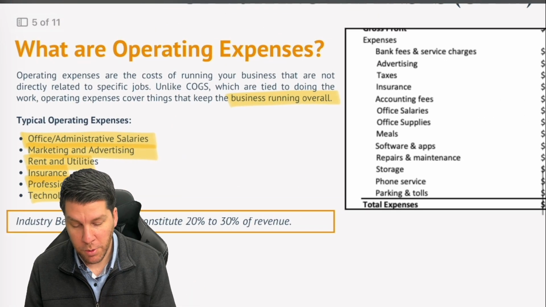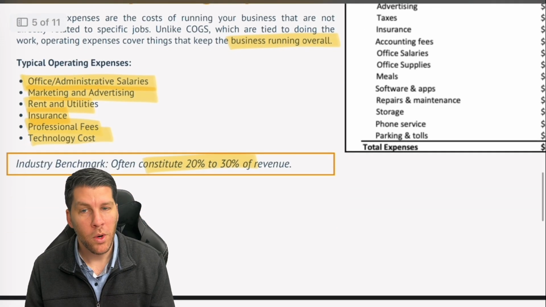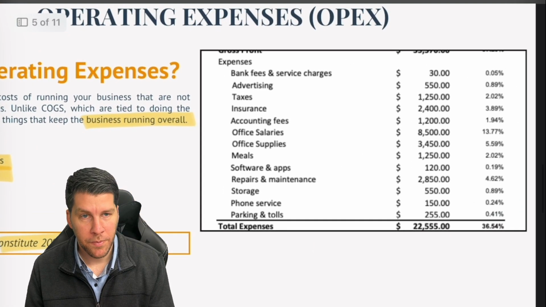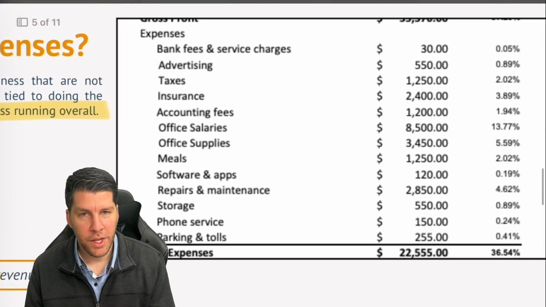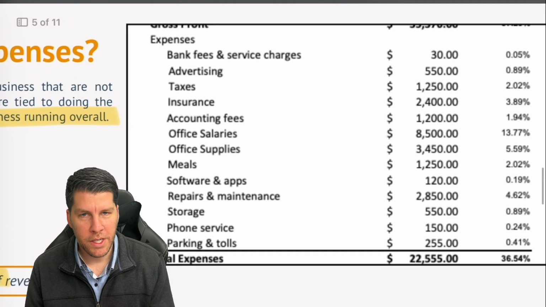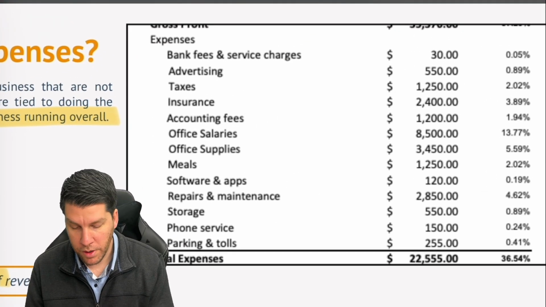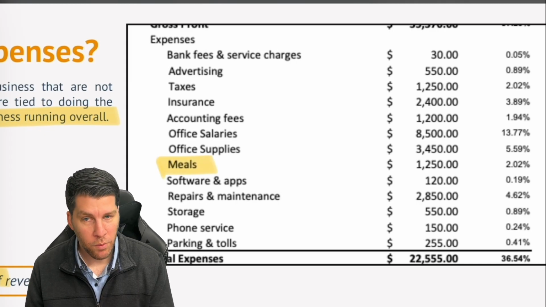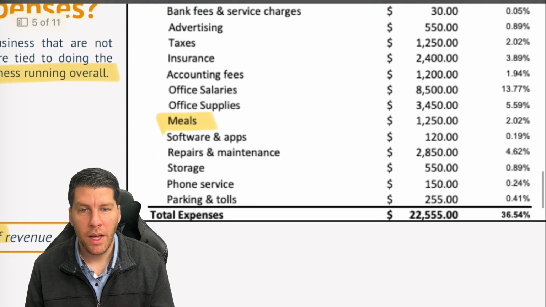So an industry benchmark for service businesses is around 20 to 30% of your revenue going to your operating expenses. So if we look at this one here, again, all the very similar expenses that we had just talked about. Also your meals are in here if they're not actually work or travel meals, and mileage can be in here as well if it's not travel related, things like that.